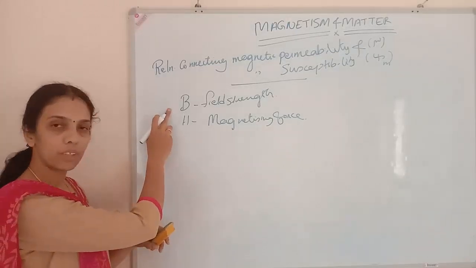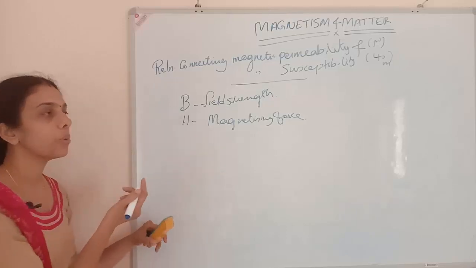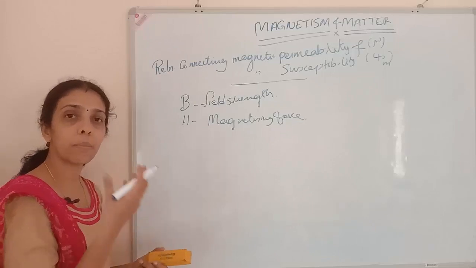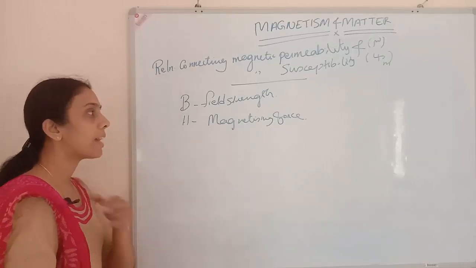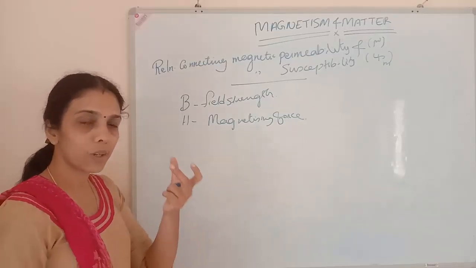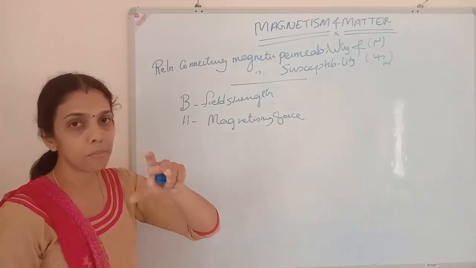B is the magnetic field strength and H is the magnetizing force. So B is for a magnet and H is for a magnetizing material.